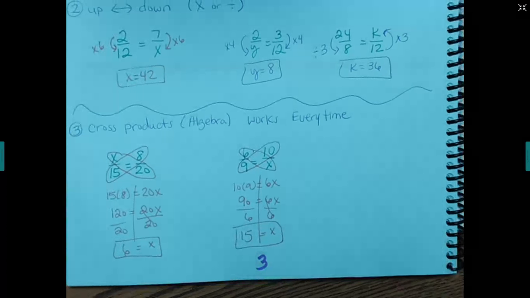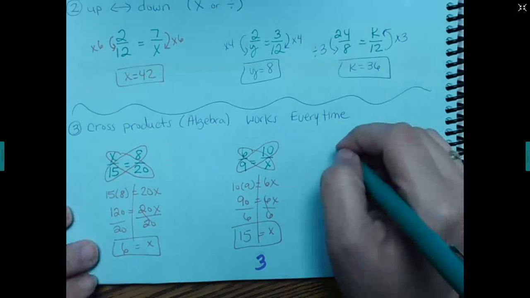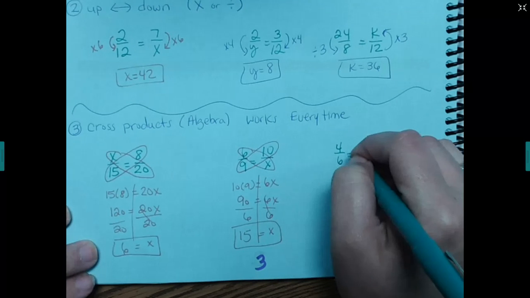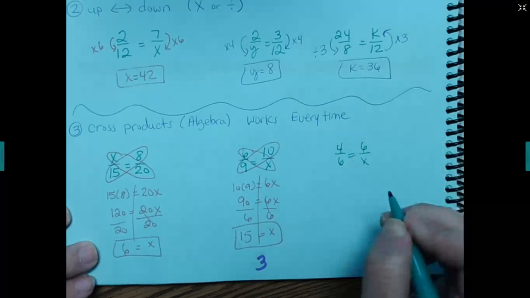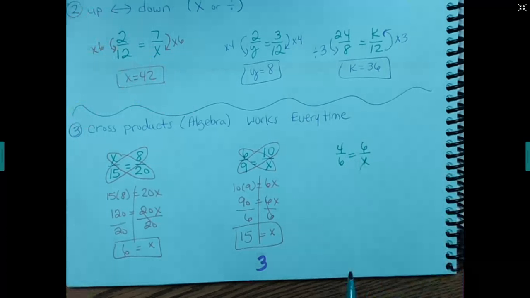All right. One last time. 4 over 6 equals 6 over x. Okay, I want y'all to try this one by yourself.